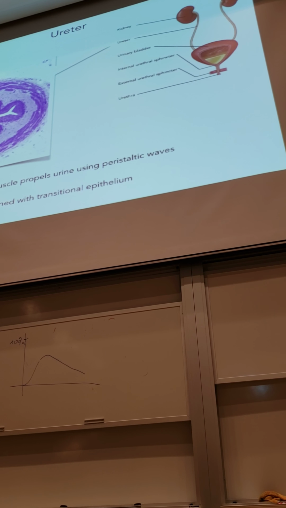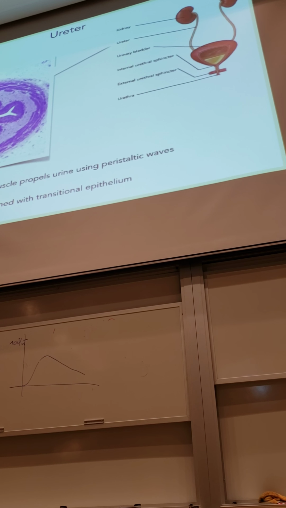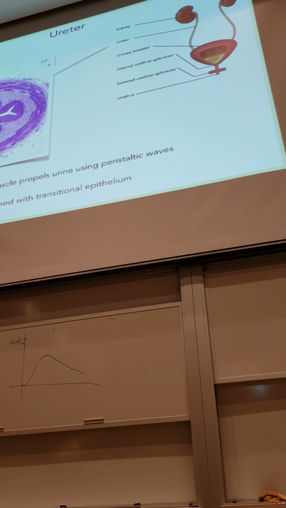There are 2 structures called ureters that have lots of smooth muscle, this layer here, and they work by peristalsis. Like your GI tract, your intestines squeeze food along the path, we're moving urine downward towards the bladder.